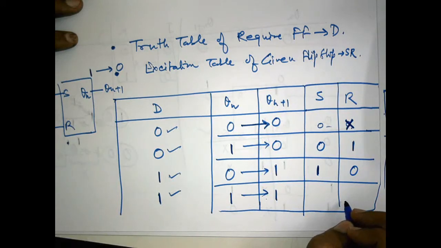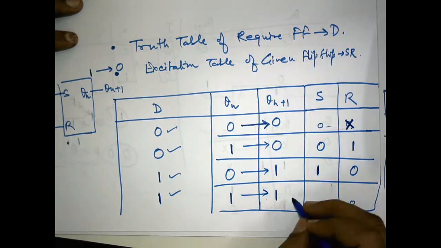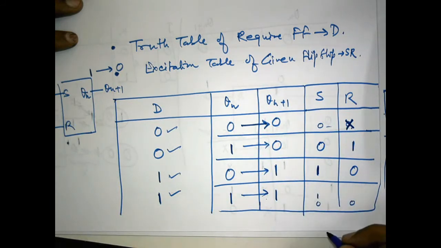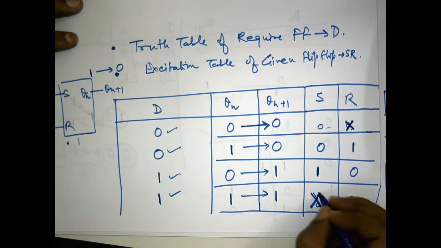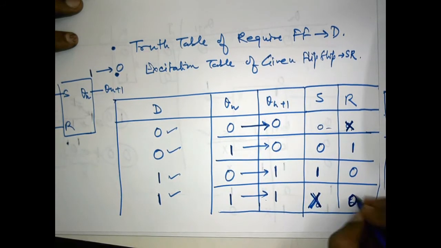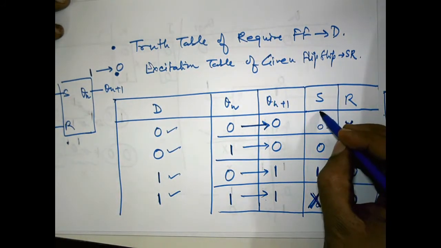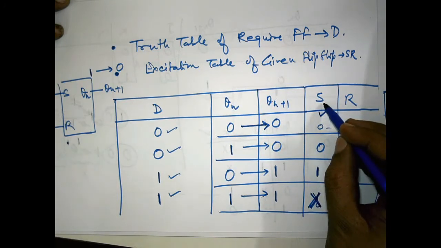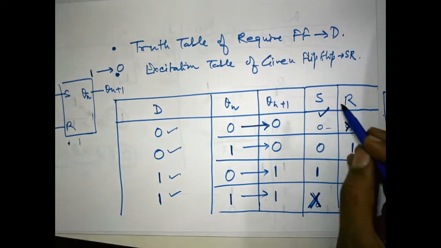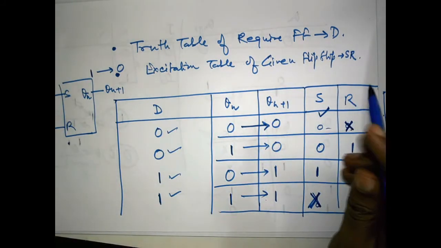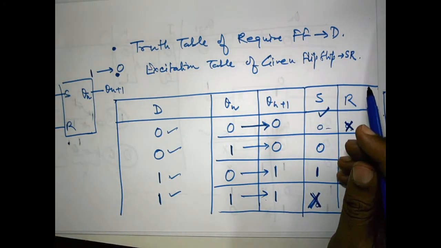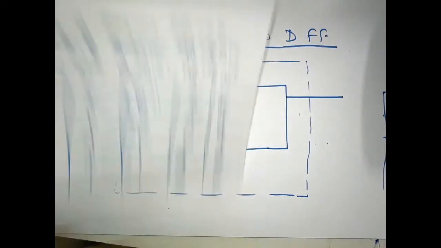So this is a no change situation. No change means 0, 0. And for 1, you need to apply 1 at S and 0 at R. This means don't care at S and 0 at R. So if we apply this input at S input of our flip flop, here is the design.